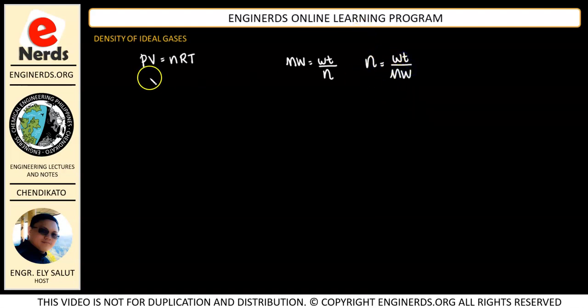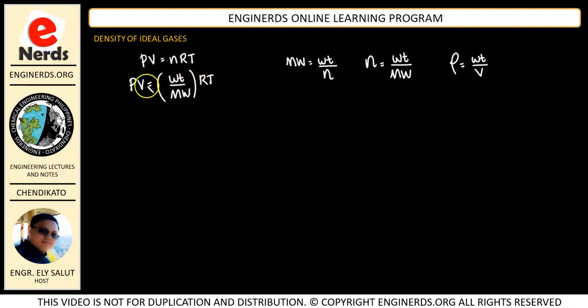If you substitute that into the ideal gas equation, we have PV = (weight over molecular weight) times RT. And of course, in this lecture, ang gusto nating makuha is the density, which is equal to weight over volume of our compound.